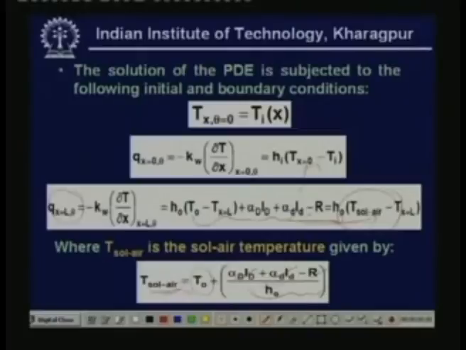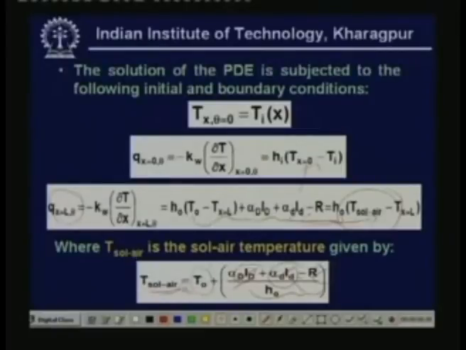On the other hand, when you have sun, you may have solar direct radiation and diffuse radiation, then the sol air temperature can be much higher than the outdoor dry bulb temperature. And during the night, this will be 0 and this will be 0, whereas this can be positive, so it is possible that the sol air temperature can be smaller than the outdoor dry bulb air temperature.